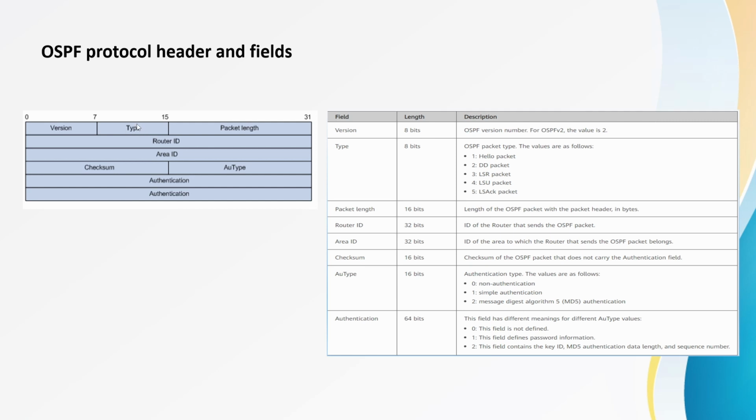Hello is number 1, the DBD is number 2, and so on. Here is another field called the router ID. Next is the area ID. It also includes the authentication type and authentication. On the right-hand side, I list the fields and their descriptions. If you're interested, you can take a look.